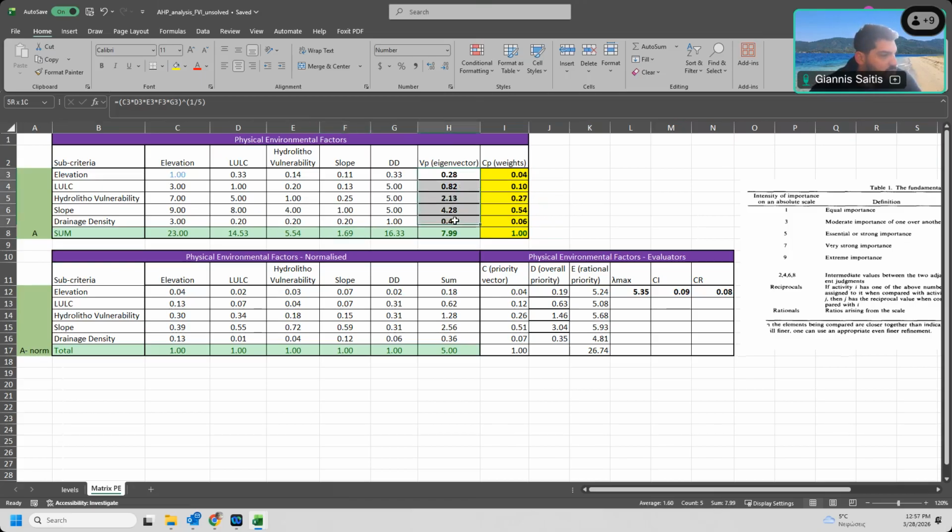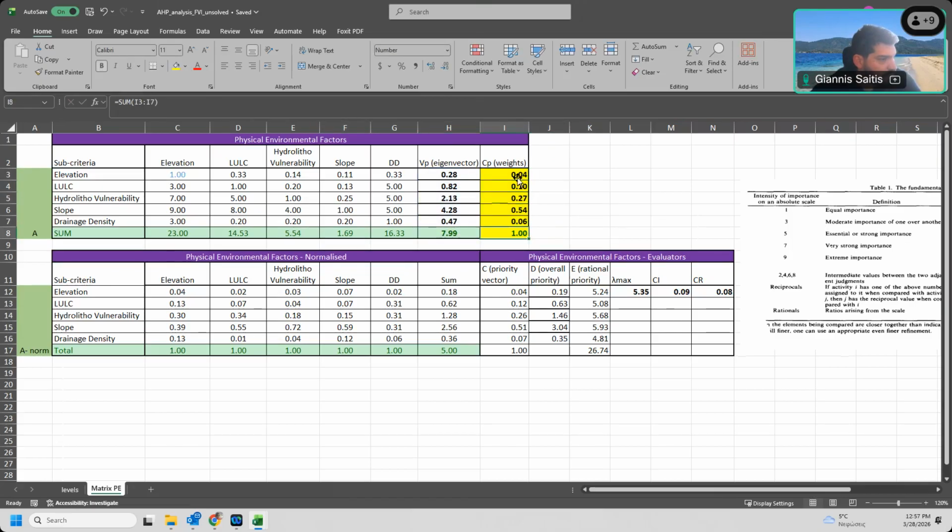So we have all these eigenvectors here. So the total sum, the summarize of our eigenvectors is 7.99. This is just algebra, okay? But the weights here are normalized, okay?